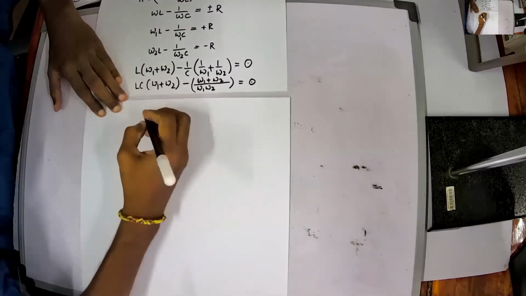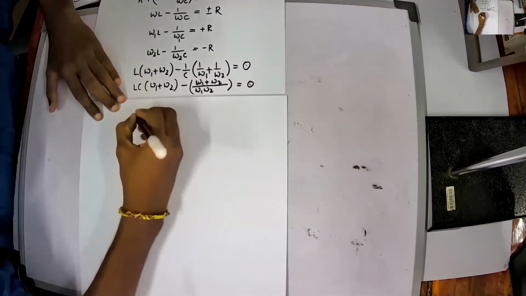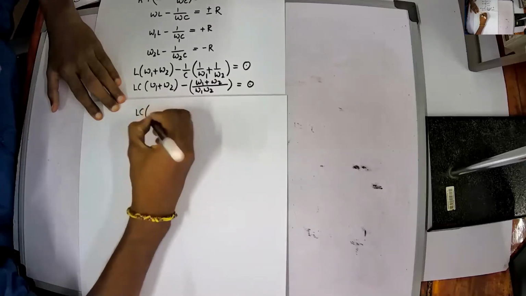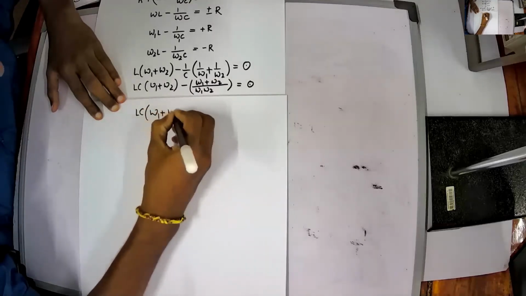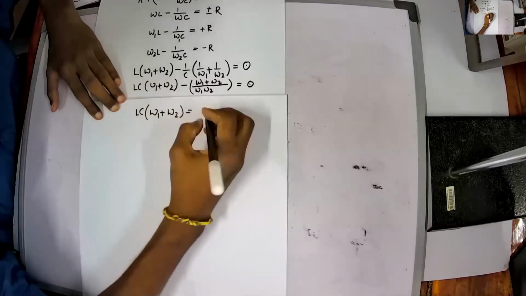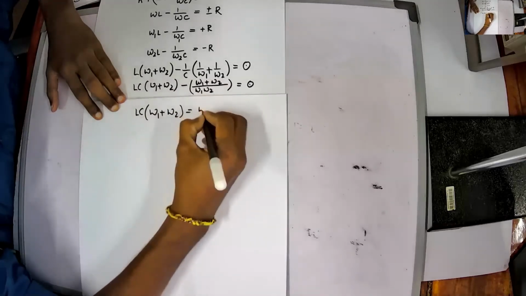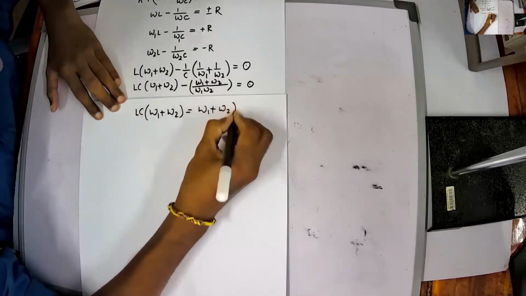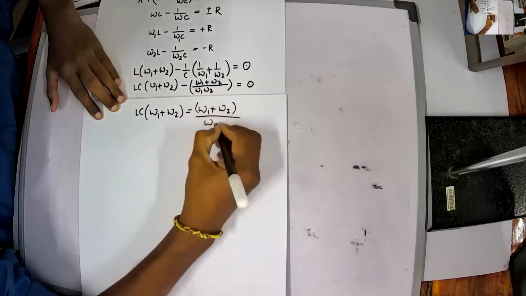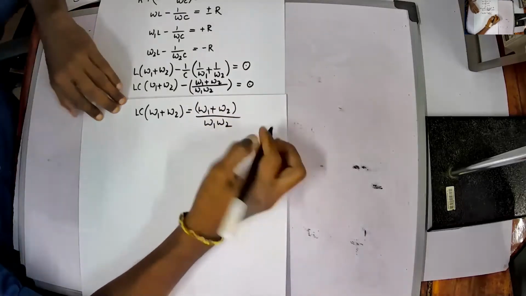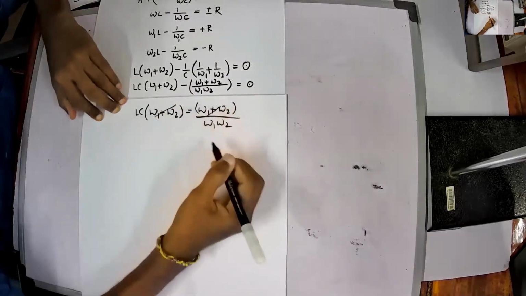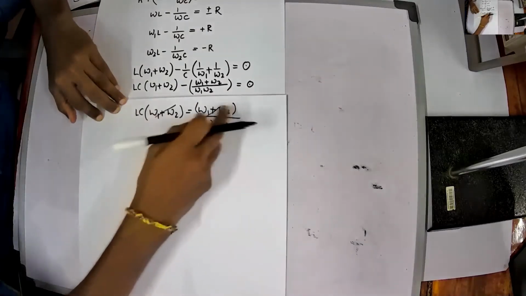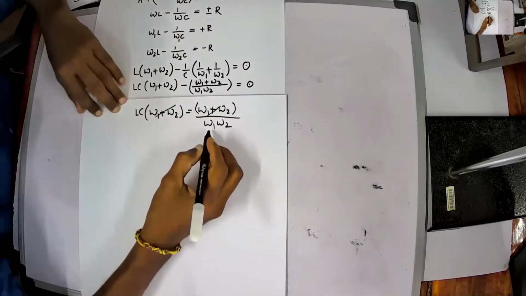So what I can do is LC into omega 1 plus omega 2 equals omega 1 plus omega 2 over omega 1 omega 2. We can simply cancel these two because they are positive, not equal to 0.